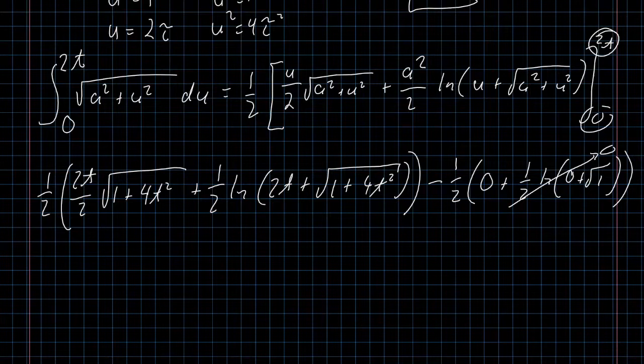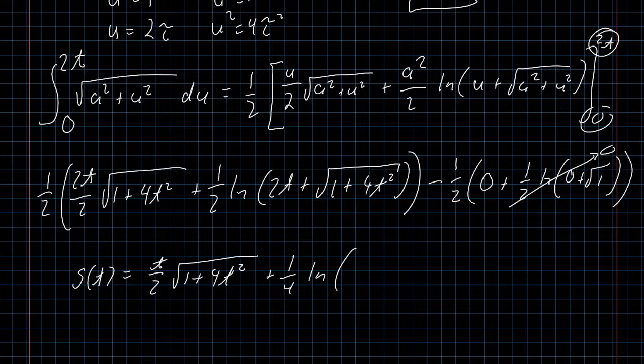All right, so let's see what I can try to simplify here. I have that s of t is going to be 1/2 times 2t over 2, which is just t over 2 times the square root of 1 plus 4t squared, plus 1/2 times 1/2 is 1/4 times the natural log of 2t plus the square root of 1 plus 4t squared.